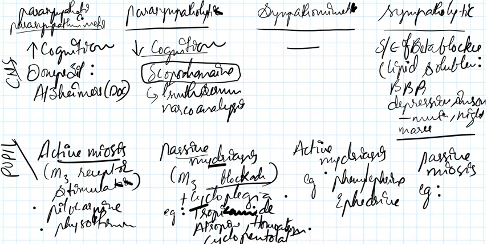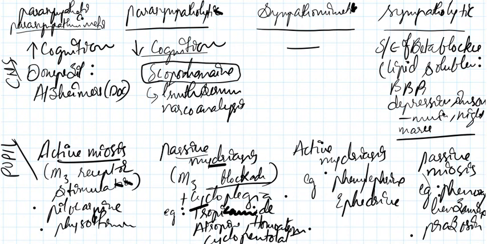Can anyone tell an example? Phenoxybenzamine and prazosin. So in a broad way, parasympathomimetics or cholinergics cause active miosis, anticholinergics, that is parasympatholytics, cause passive mydriasis, sympathomimetics cause active mydriasis, and sympatholytics cause passive miosis.